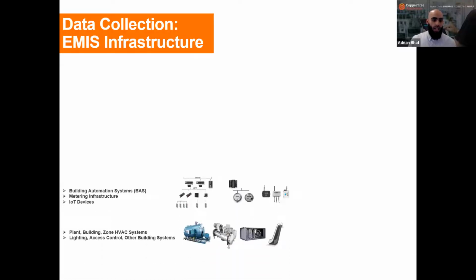So the lower layer, as you can see here, in this particular diagram shows plant, building, and zone HVAC systems, as well as lighting, access control, and other building systems. The upper layer represents the monitoring and control infrastructure made up of the building automation system, metering system, IoT devices.